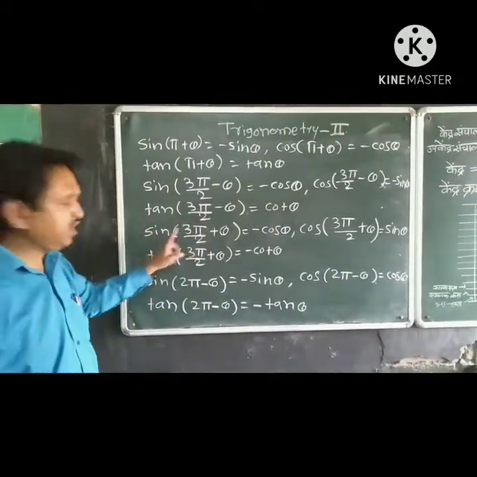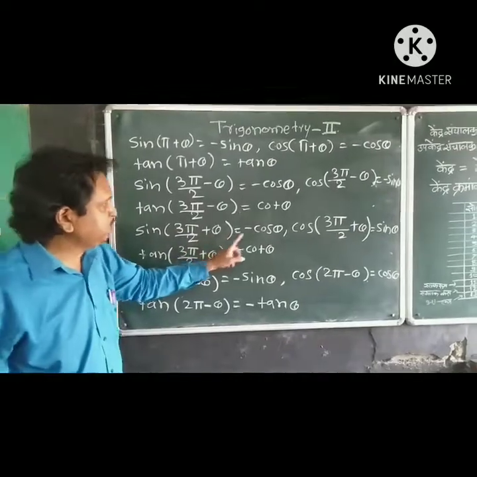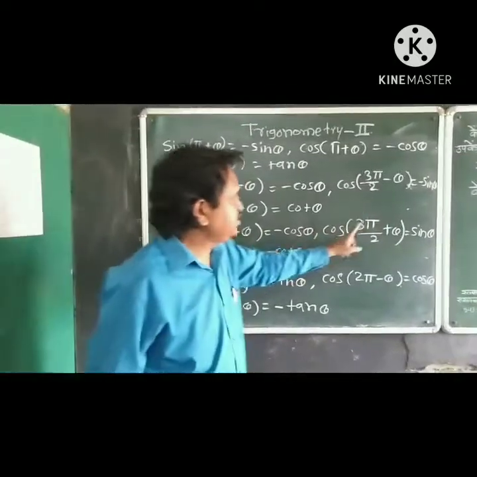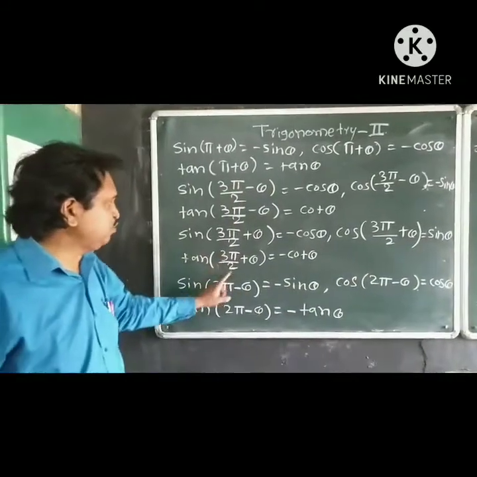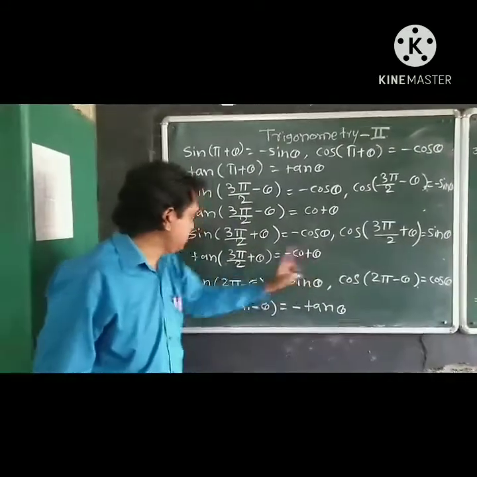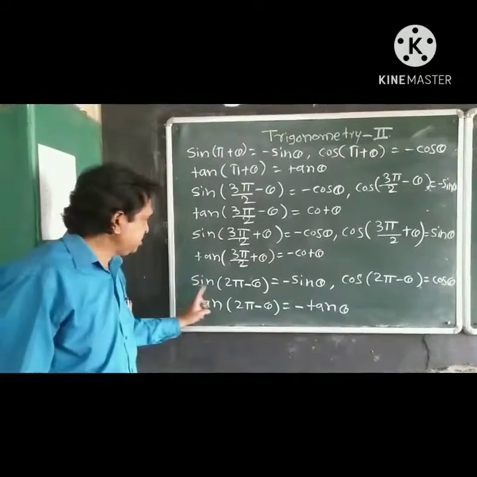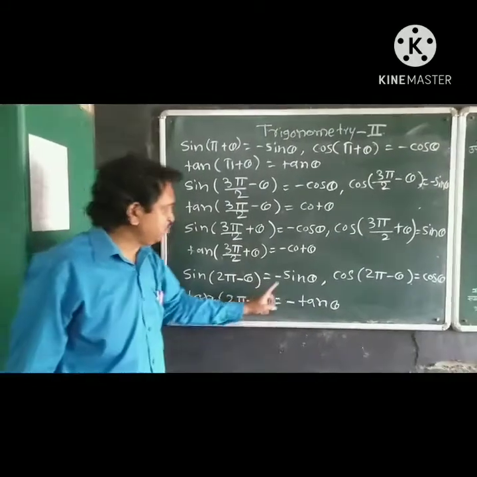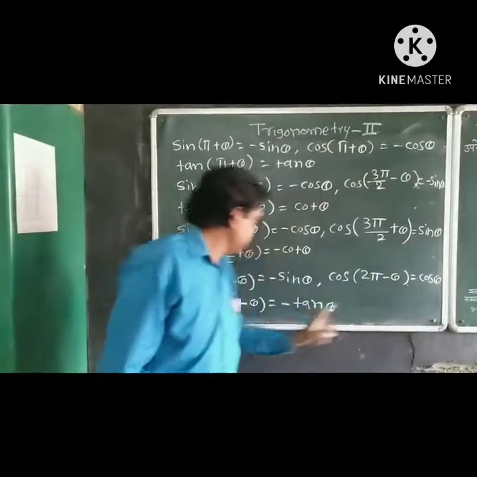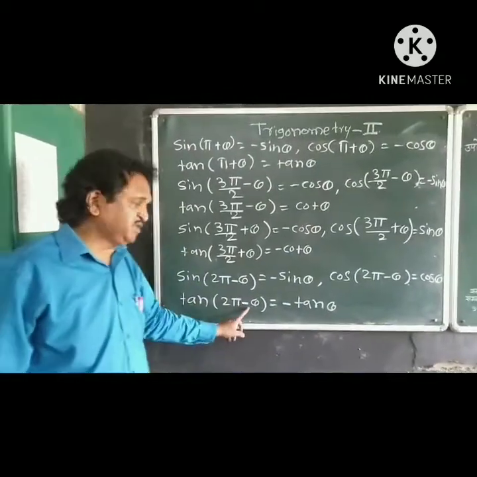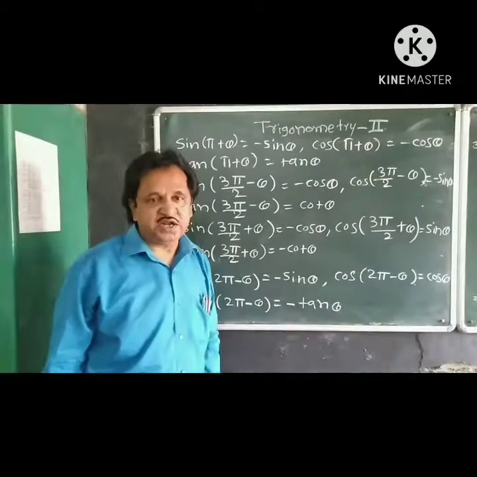Again sin(3 pi by 2 plus theta) is equal to minus cos theta. Cos(3 pi by 2 plus theta) is equal to sin theta. Tan(3 pi by 2 plus theta) is equal to minus cot theta. And again sin(2 pi minus theta) is equal to minus sin theta. Cos(2 pi minus theta) is equal to cos theta. And tan(2 pi minus theta) is equal to minus tan theta.